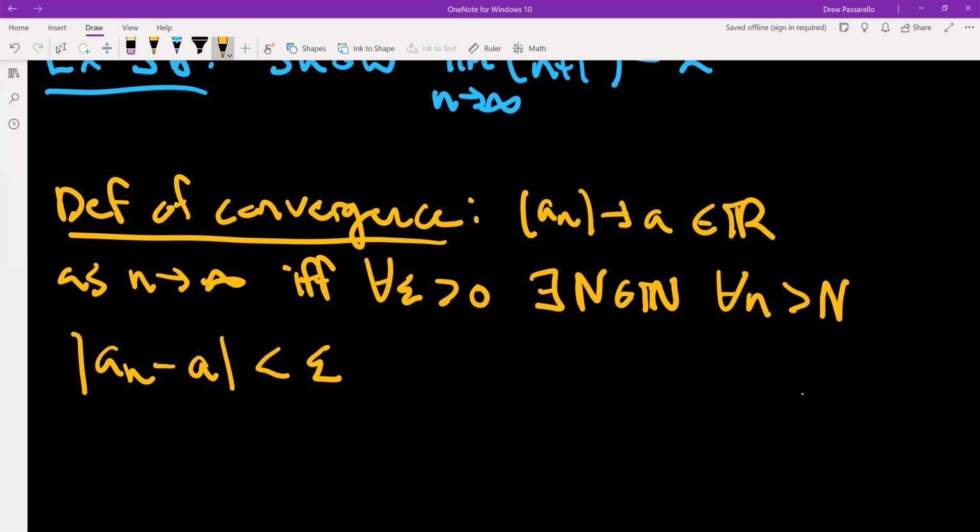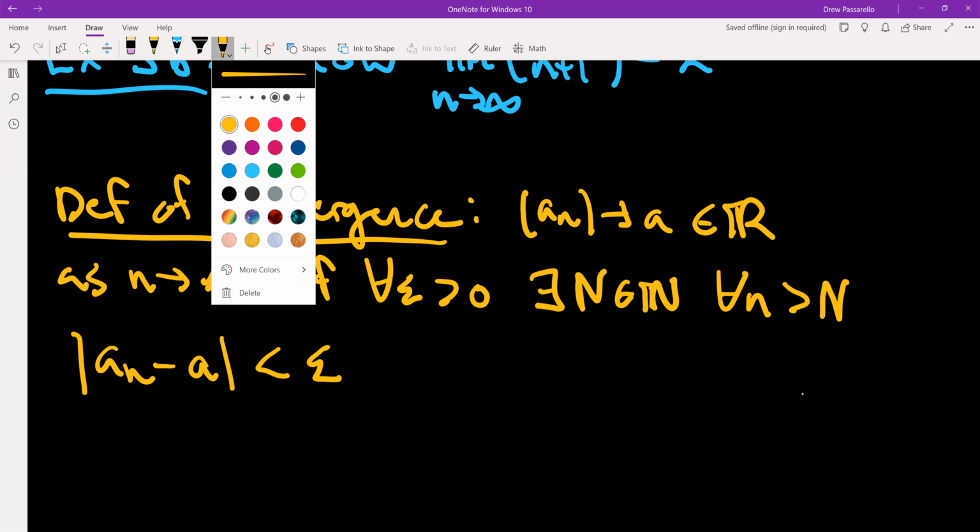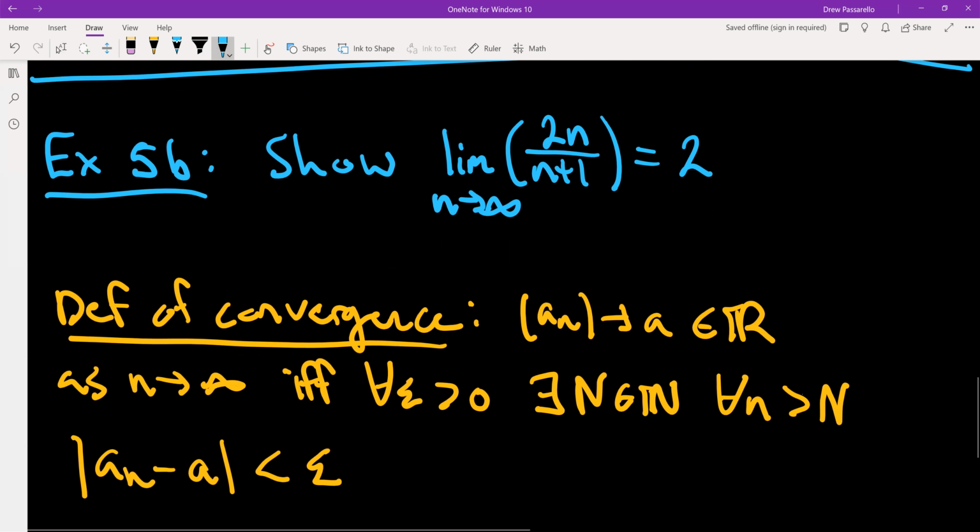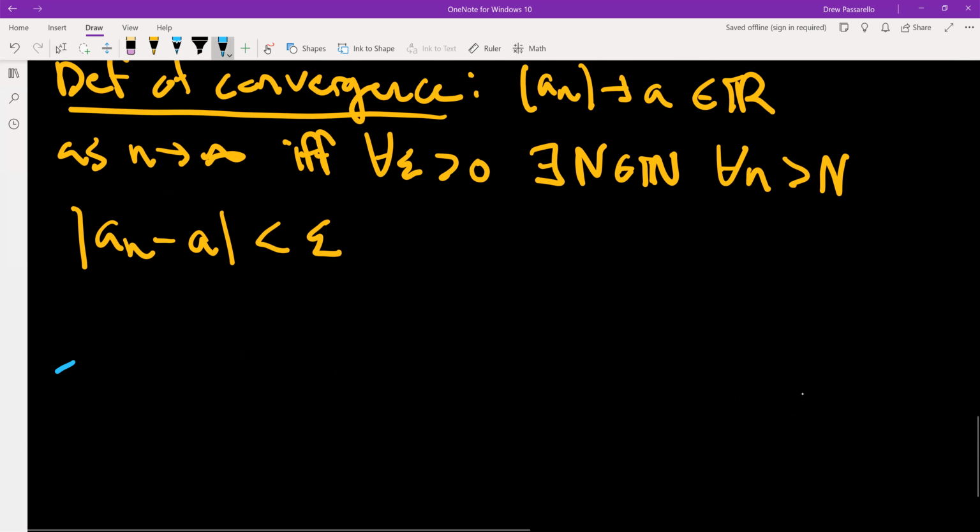Now, the first thing I'm going to do is find the necessary n for this example 5b. So this will be the strategy. This isn't the actual proof.